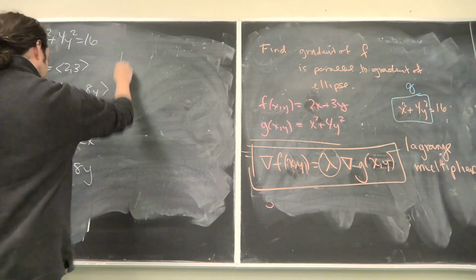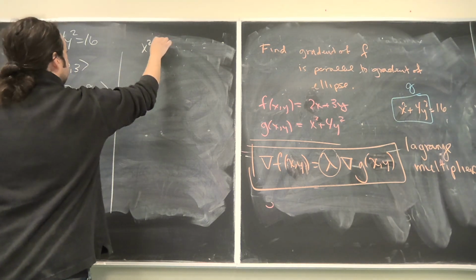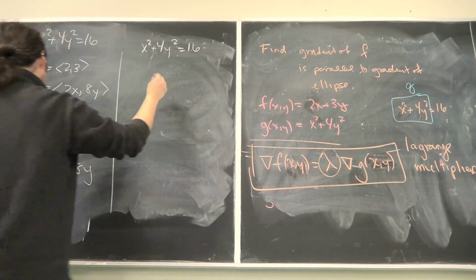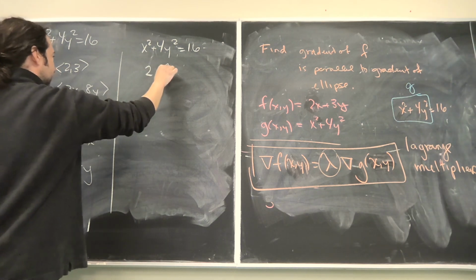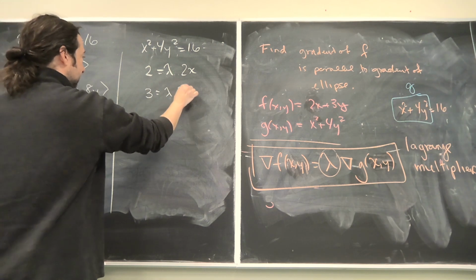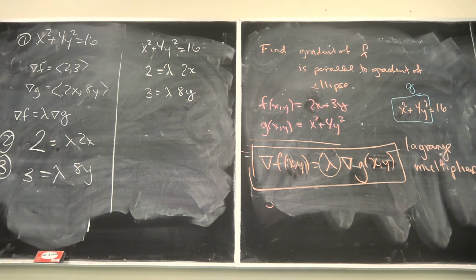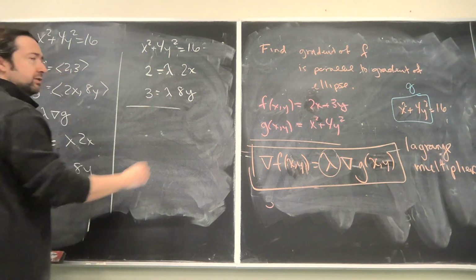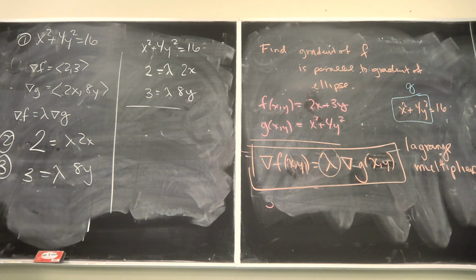So how do you solve such a pile of equations? x squared plus 4y squared is equal to 16. And this is why Lagrange multipliers are usually done by computer. And 3 is equal to lambda times 8y. I need to extract all the possible combinations of x, y, and lambda that make this true. So if you took equation 1 and solved for lambda, first thing to observe, does lambda equal 0 make any sense as a solution to anything here?